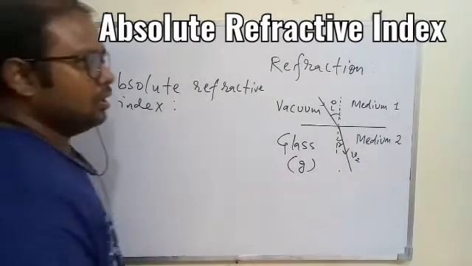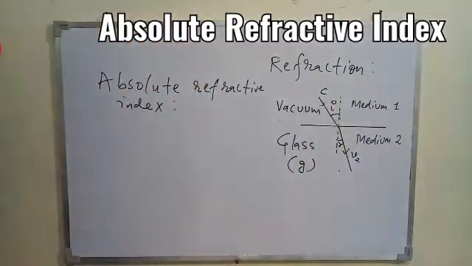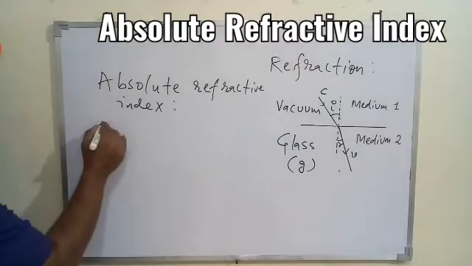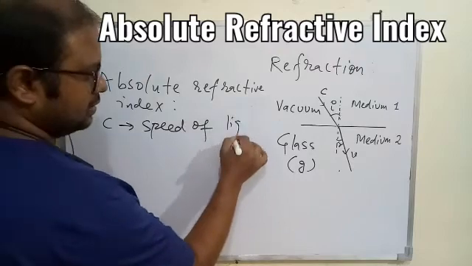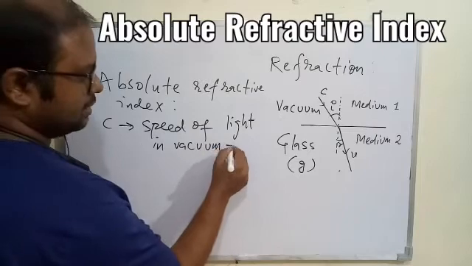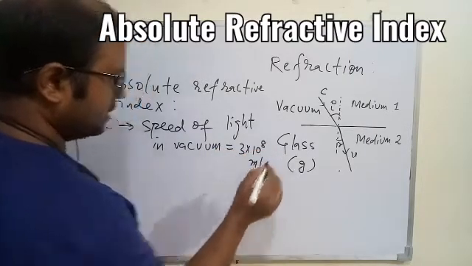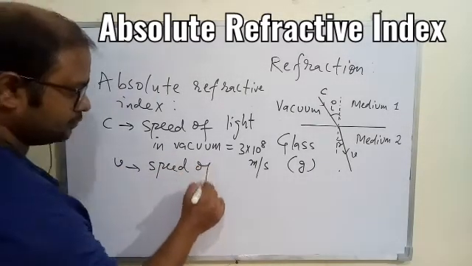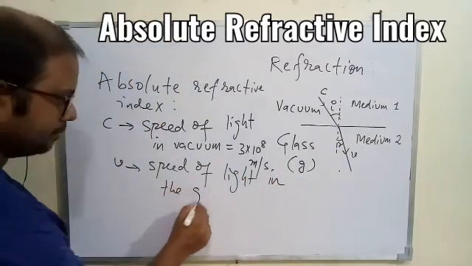In the vacuum the speed of light is c, and let the speed of light in the given medium be v. So c is the speed of light in vacuum, which we know is 3 into 10 to the power 8 meter per second, and v is the speed of light in the given medium.